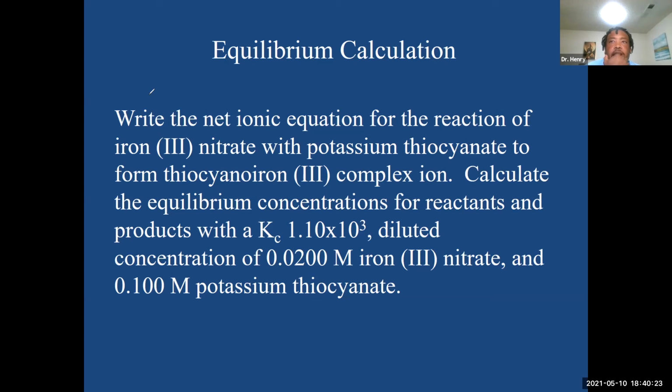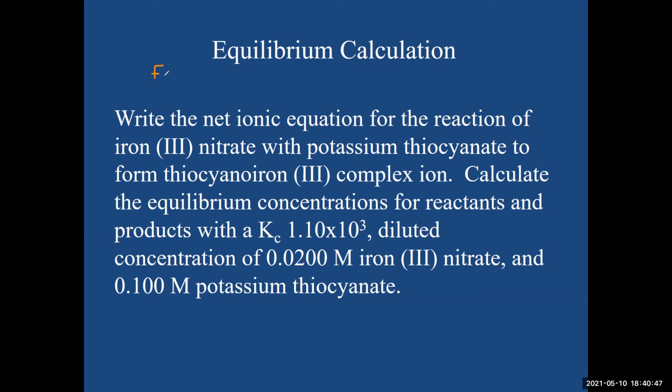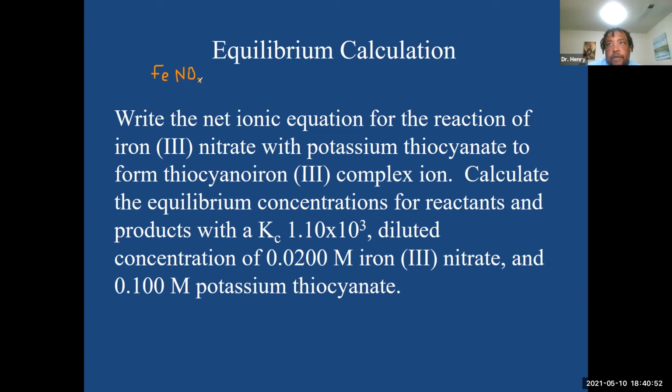Well, you can get away with the net ionic equation, but it isn't going to make sense unless you have it totally balanced first. Okay, so let's write the conventional balanced equation. So it'd be Fe(NO3)3, and the nitrate would have 3 atoms, 3 compounds.